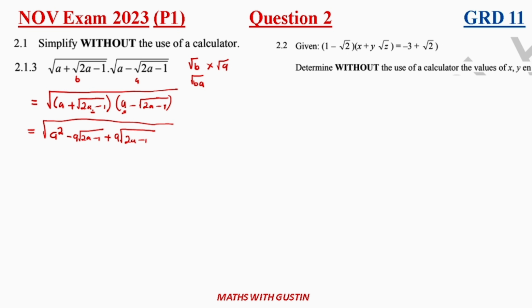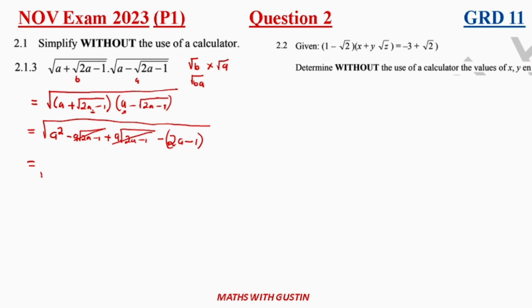Okay, so square root of 2a minus 1 multiplied by square root of 2a minus 1 is going to give us negative 2a minus 1 in brackets here. The square root goes away. Therefore, if you can check here, when we simplify, minus a times 2a minus 1 plus that, these ones will cancel each other out, like and like.